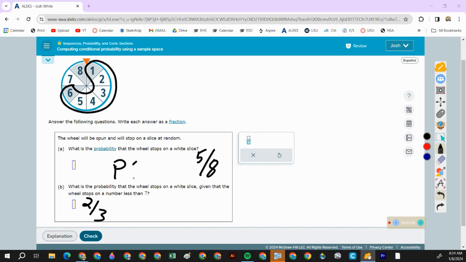So the probability of white is 5 out of 8, but the probability of white given the answer is less than 7 is 2/3. Does that make sense? Do you need to see another one of those? One more? Okay.